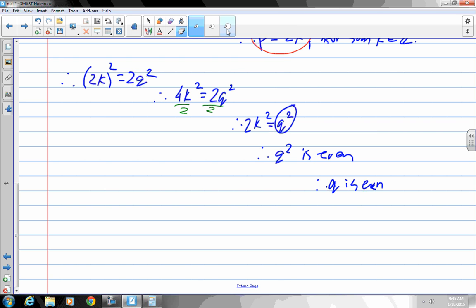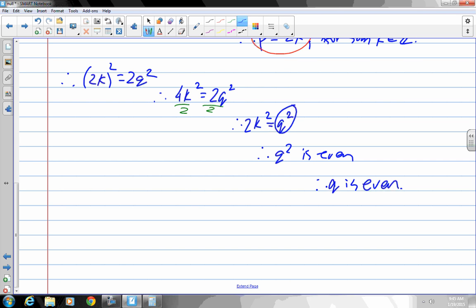And this is where you have to start wondering a bit. No matter what, p is even and q is even, right? So I have a fraction, numerator is always even and denominator is always even. Can that happen?